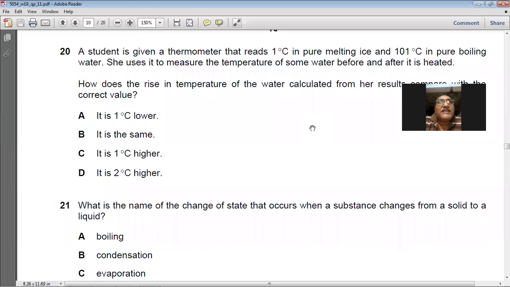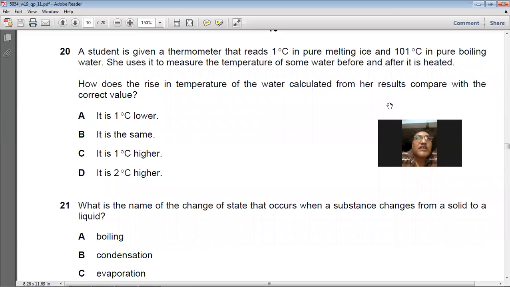Question number 20. A student is given a thermometer that reads 1 degree centigrade in pure melting ice and 101 degree centigrade in pure boiling water. You know, there is a zero error in the thermometer, and it's a positive zero error.